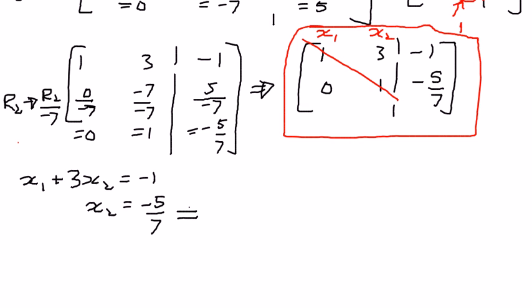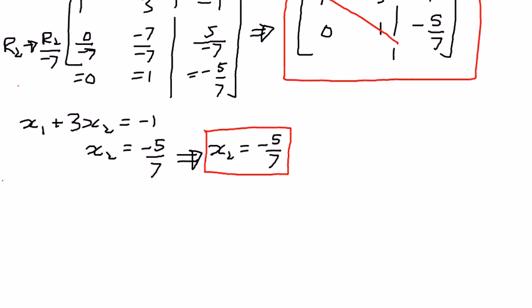From here we have the value of x2 as negative 5 over 7. Okay, this is one answer for us. To find the value of x1, we're going to substitute into the first equation, wherever we see x2, we will substitute negative 5 over 7. x1 plus 3 times negative 5 over 7 is equal to negative 1.